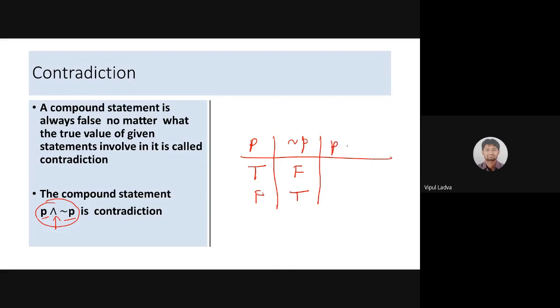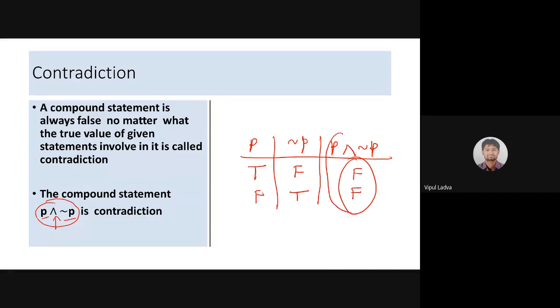Now try to identify the compound statement like this: conjunction of P and negation of P. इन दोनों में से कोई एक false मतलब कि ये false, इन दोनों में से कोई एक false मतलब ये false. देखिए पूरी लास्ट वाली कॉलम है, वो false है. Is it?